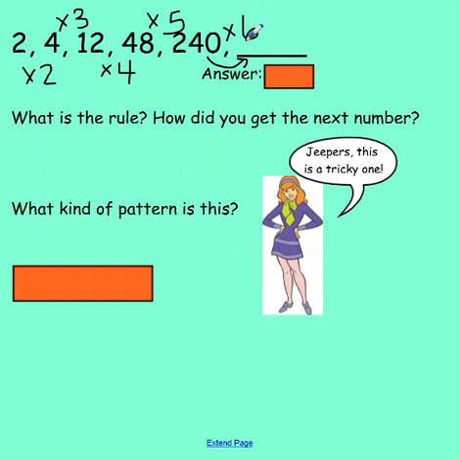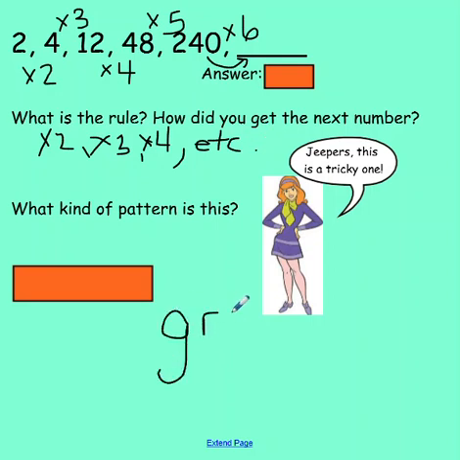How do you get the next number? You multiply times 2, times 3, times 4, that's my pattern. And this is definitely a growing pattern because the numbers are growing exponentially.